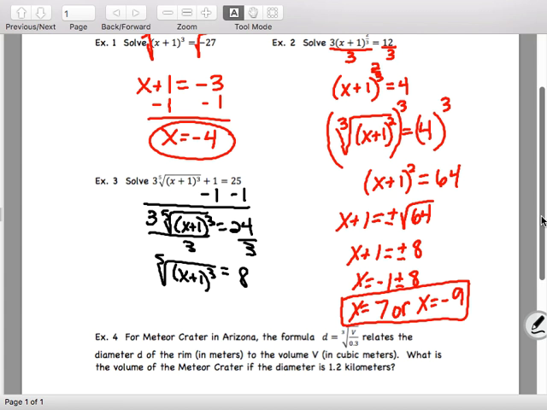Okay, Jacob, do you know? Yeah, we're going to get rid of the 5. Since it's a 5th root, we're going to raise it to the 5th power. So that's going to give me x plus 1 cubed equals.